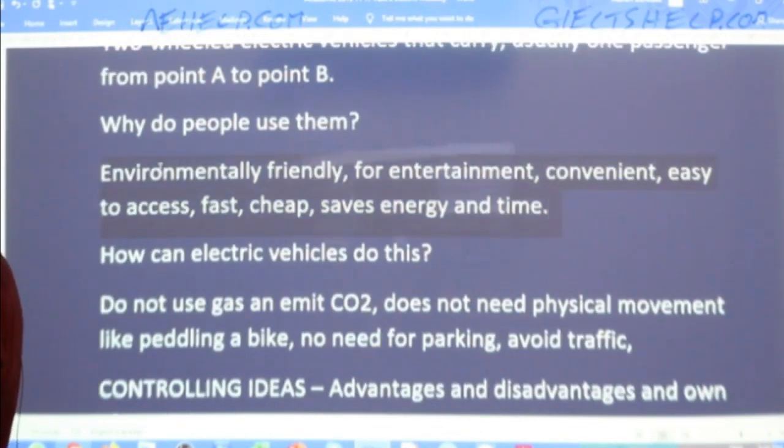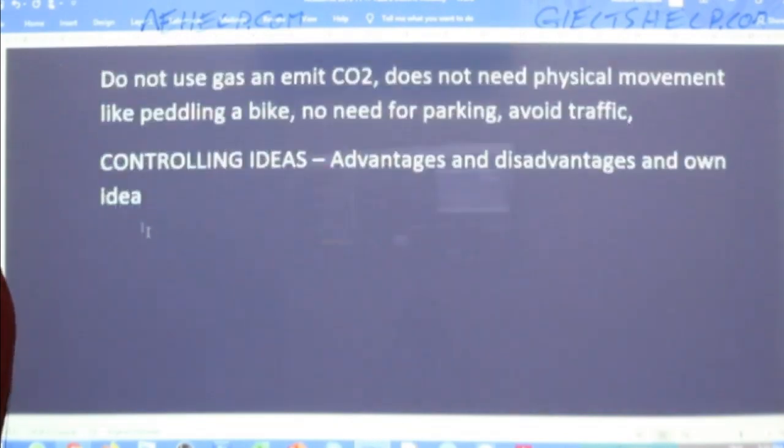Obviously, why do people use them? It's because of the advantages that people use them, right? So I can just type that or copy that in here. So what are advantages?